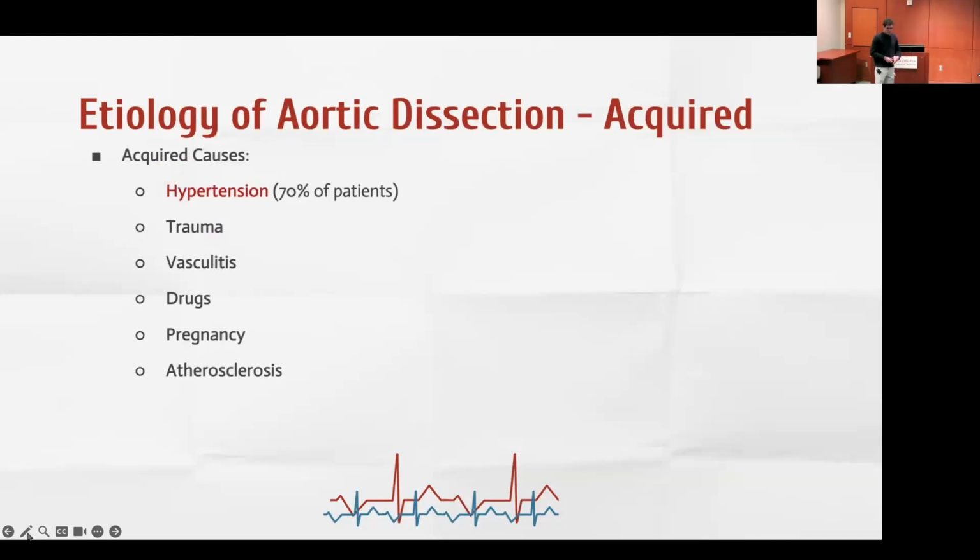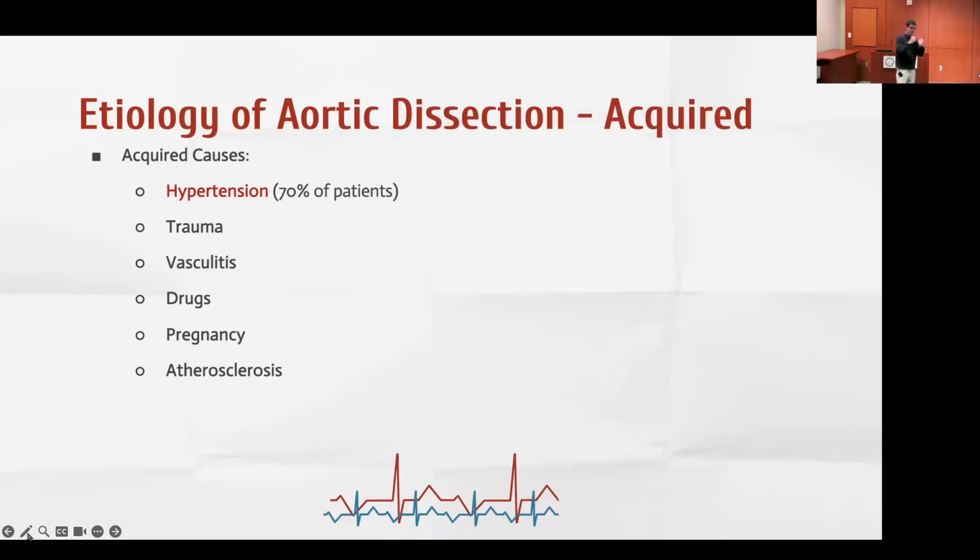When we talk about the etiology of acquired cases of dissection, a big one, as I mentioned, is hypertension. 70% of patients who have dissection have hypertension, so we have to keep that in mind because it can lead to wall weakening and propagation of the dissection. Trauma could be due to an accident. There is a part of the aorta after the aortic arch, where it transitions to the descending thoracic aorta, that is very vulnerable because it's not held firmly in place.